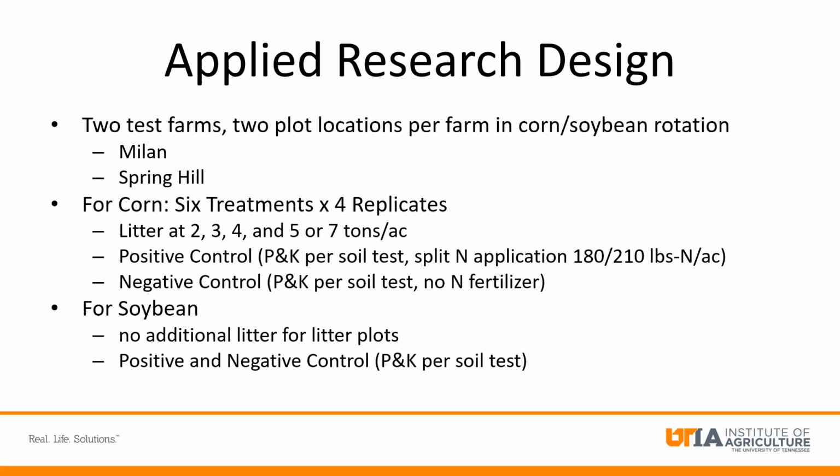We had a positive control treatment that received P and K per soil test, and then split application of either 180 or 210 pounds of nitrogen per acre. The 180 pounds of nitrogen was applied at Spring Hill, and the 210 pounds of nitrogen was applied at Milan. We did have a negative control that received P and K per soil test, but did not receive nitrogen fertilizer.